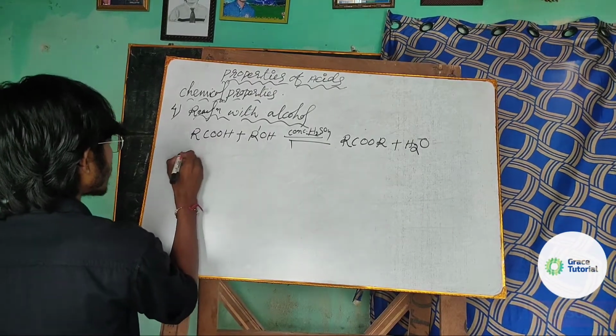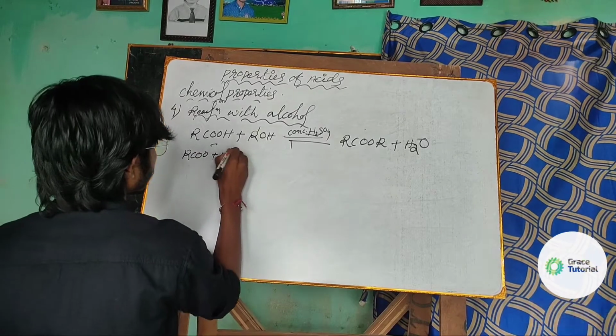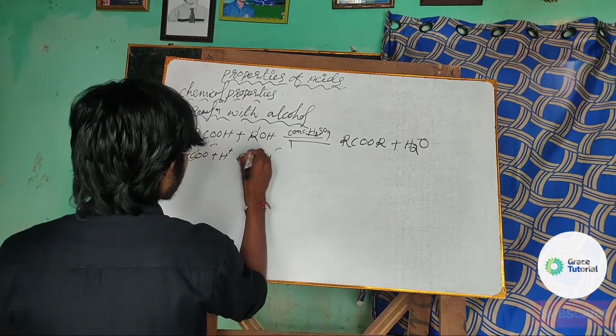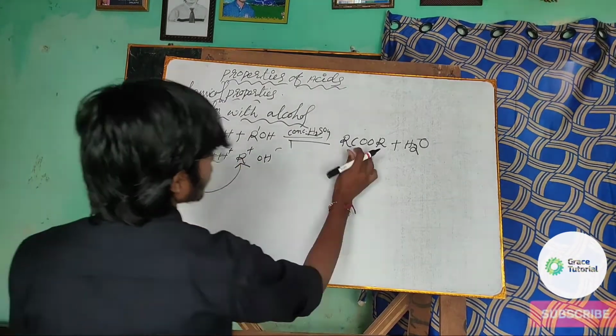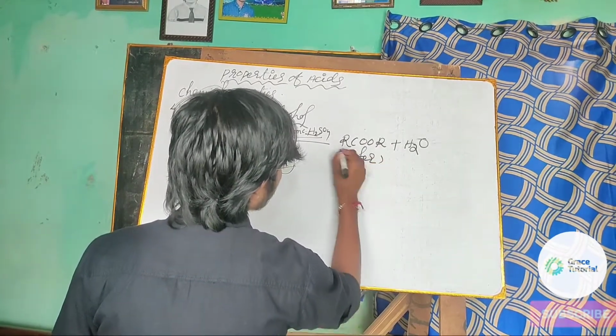If this acid gets dissociated, then you will get RCOO minus and H plus. Let us take R plus, and RCOO minus reacts with R plus, and finally it gives ester. That means the product obtained here is known as ester.